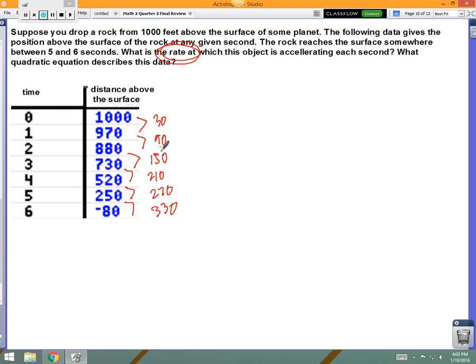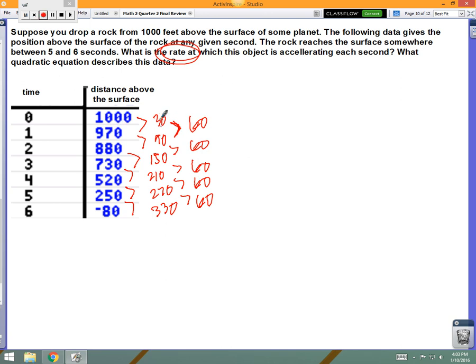So the change is getting bigger and bigger as time goes on. Now if you examine the change, how fast is the change changing? That is acceleration. So the difference there is 60, the difference there is 60, the difference there is 60, 60, and 60.